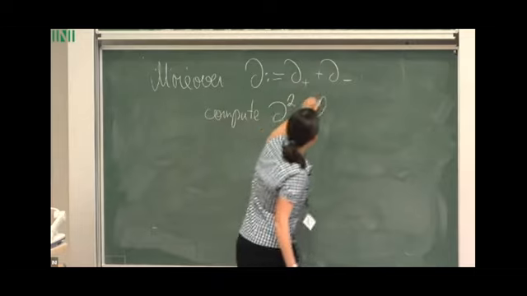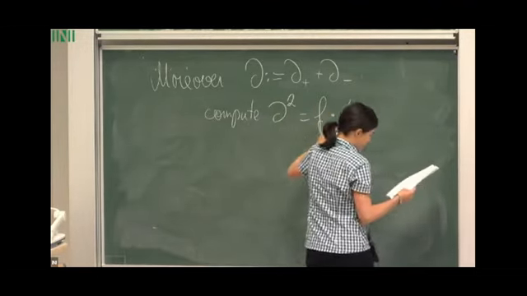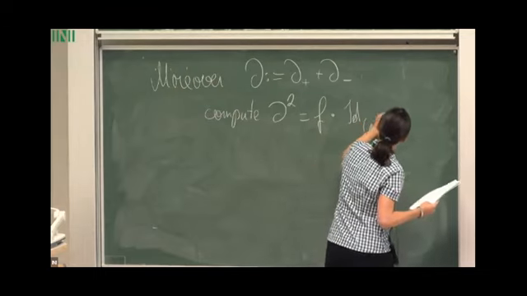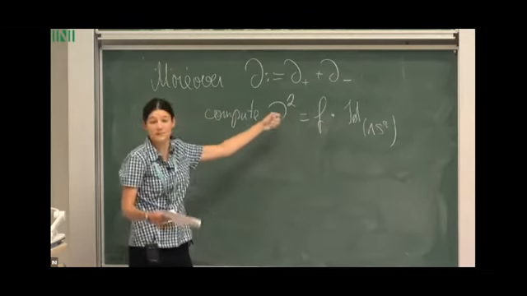It is precisely f times the identity on S^r. So you see that this will give us the matrix factorization.